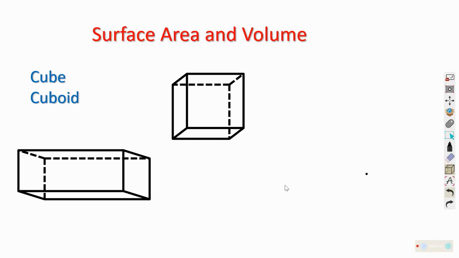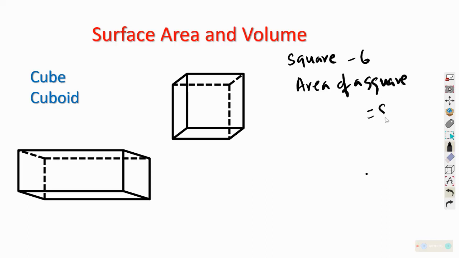Let me attend to the cube first. If I name the sides of the cube, which is having 6 faces, all 6 faces are like squares. What is the peculiarity of square? All sides are equal. So there are 6 squares. And you know the formula to find out the area of square. Area of a square is calculated by the formula, side square, which you have studied in a lower class.